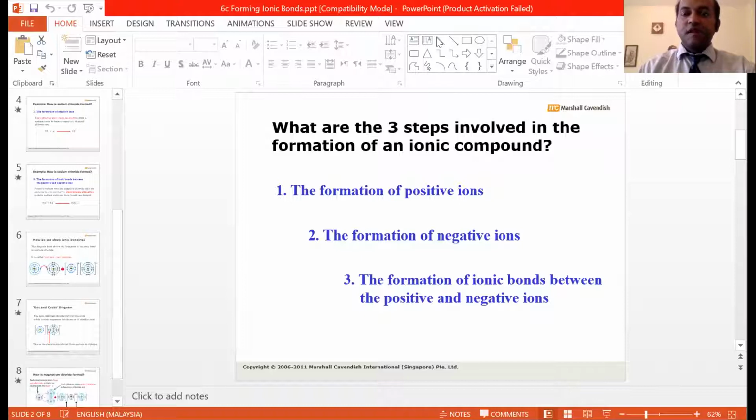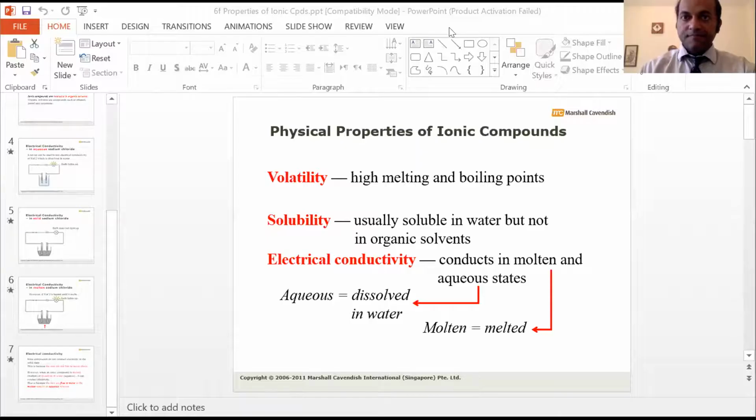I would like to show today's PowerPoint. We actually have two. One is the formation of the ionic compound, and the other one is some properties of them. We also have two worksheets that will be helpful for you.